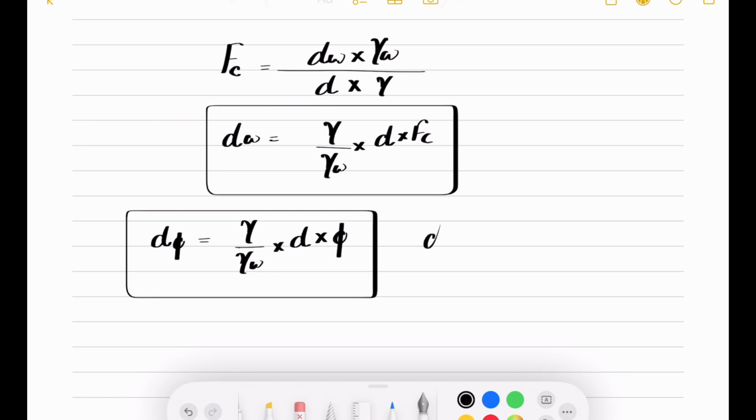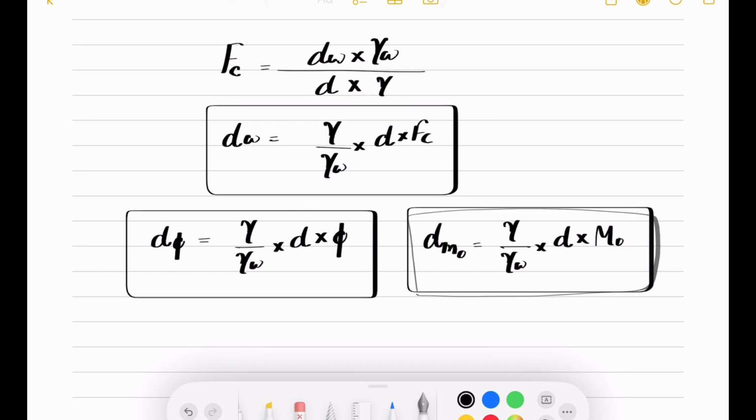Similarly, the optimum moisture content depth will be equal to gamma divided by gamma W into depth of root zone into the optimum moisture content of the soil, right? These are the expressions for the depth of moisture content for the various parameters.